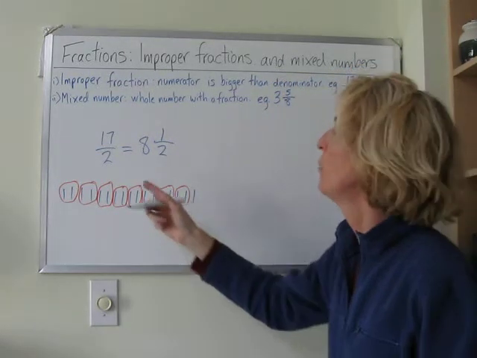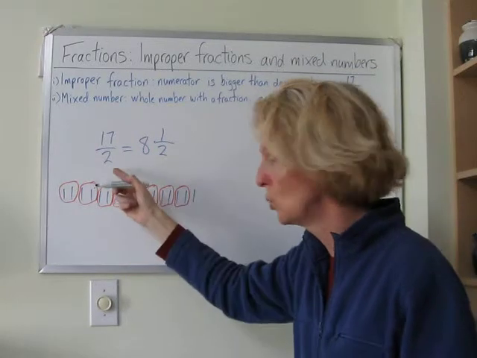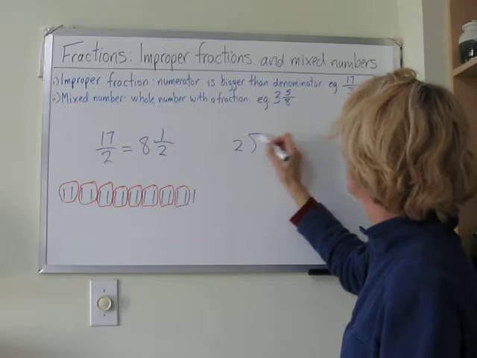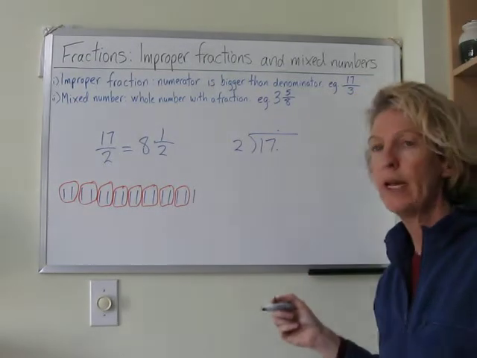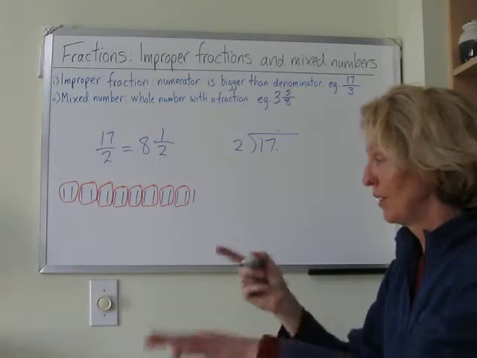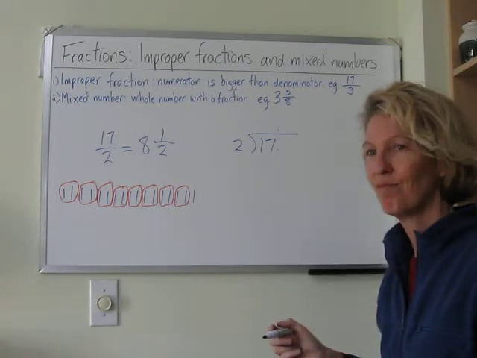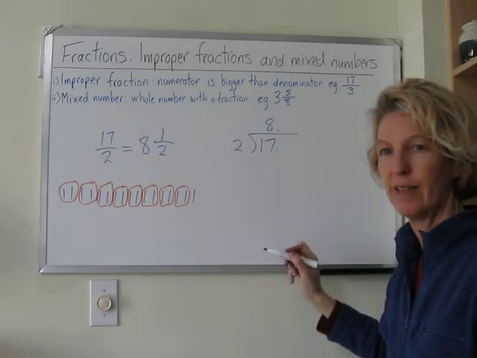Great. Now, we had our 17 sticks and we divided them into groups of 2. Division, okay? Watch. 2 divided into 17. How many times does 2 go into 1? None. Good. 2 goes into 17? 8 times. Okay, 8. 2 times 8? 2 times 8 is 16.